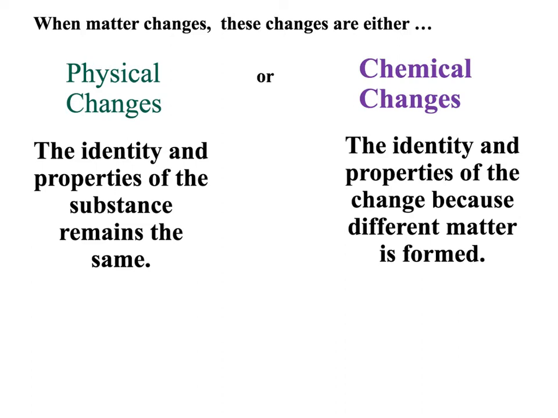I can take a piece of paper and I can wad it up, I can rip it, I could put it in water and make a wet paper ball out of it, and it's still paper, and the water I added is still water. Haven't changed the identity of that substance.